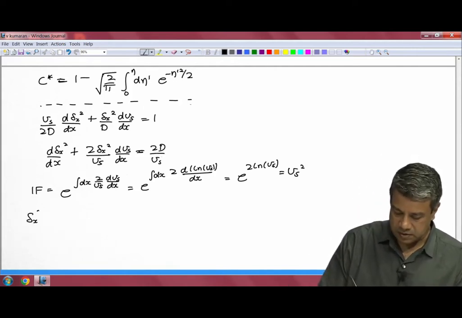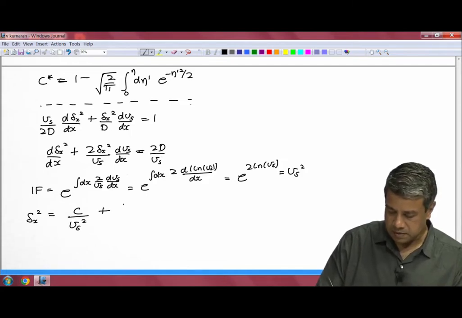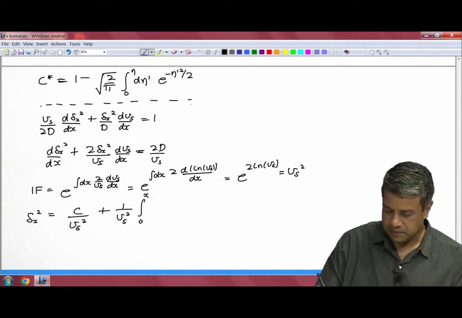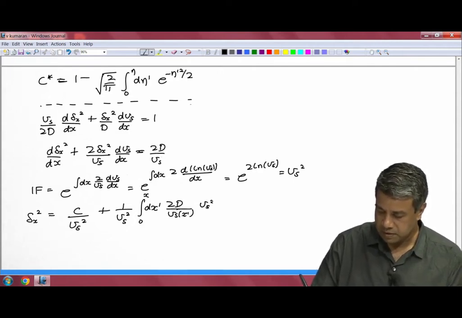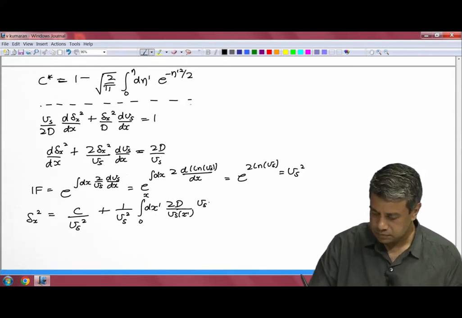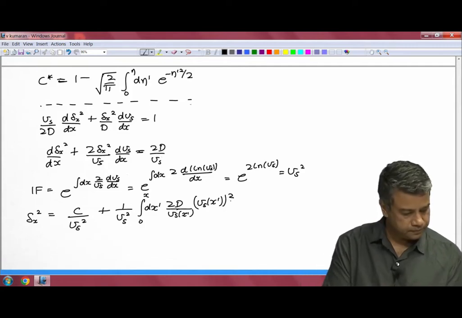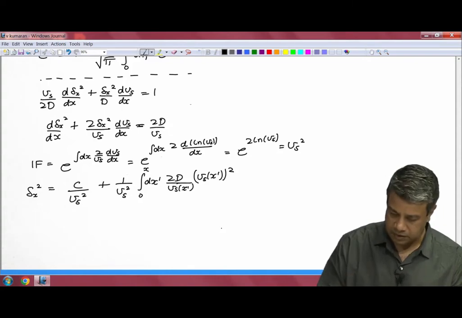Therefore, you will get delta x squared is equal to c by Vs squared plus 1 by Vs squared integral 0 to x dx prime, 2D by Vs of x prime into Vs squared.